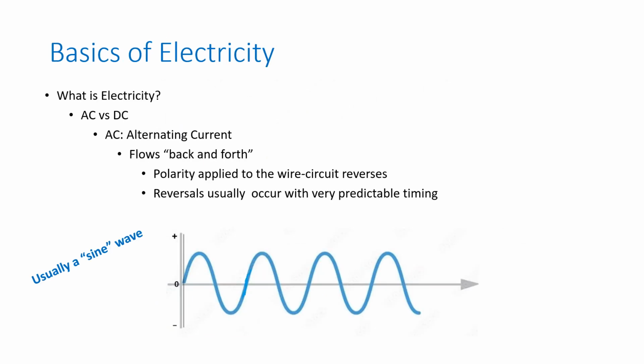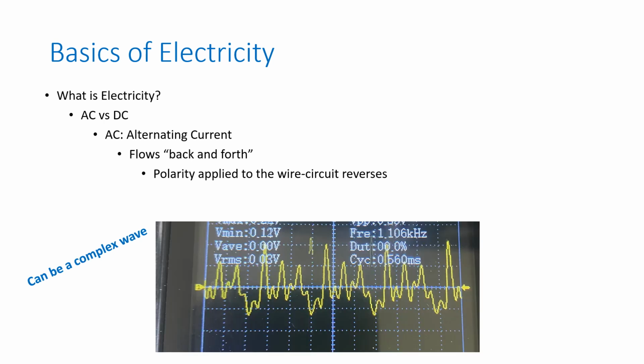So I've made a big deal about the sine wave. And the sine wave is the fundamental building block of radio. But once in a while, you might encounter a complex wave. A complex wave might be something like this. This is a capture of my voice coming out of a microphone on the microphone cable.